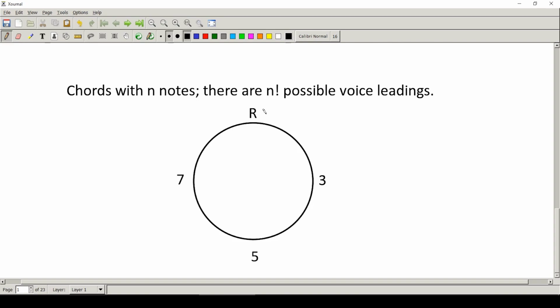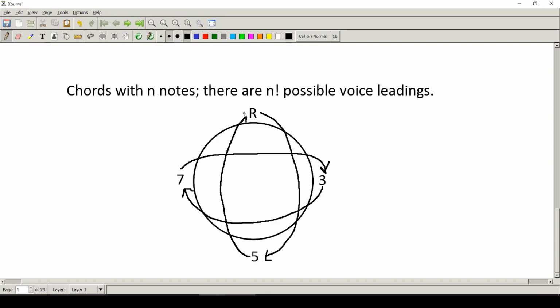And what I'm saying is, if you know that the root becomes the third, then the third becomes the fifth, and the fifth becomes the seventh, and so on. If the root ends up becoming the fifth, then the third is going to follow along and become the seventh, the seventh becomes the third, and the fifth becomes the root. So they always stay in order.